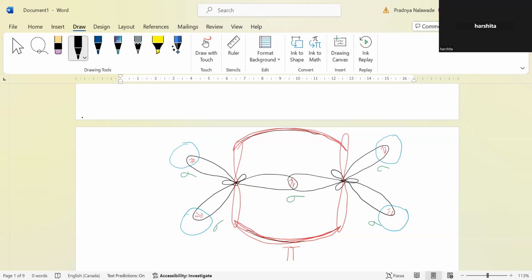And pi bonds only occur with p orbitals? Yes, mostly with pure p orbitals. It can occur with d orbitals too, if there is a side-on overlap, not head on. Now the different thing is, s orbitals never form pi bonds, because for a pi bond the overlap has to be side on.